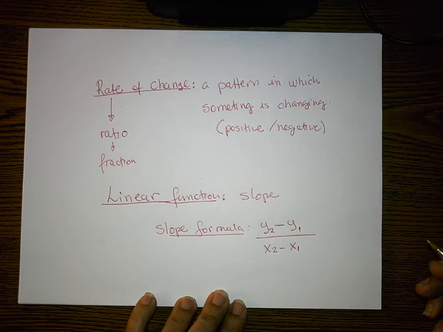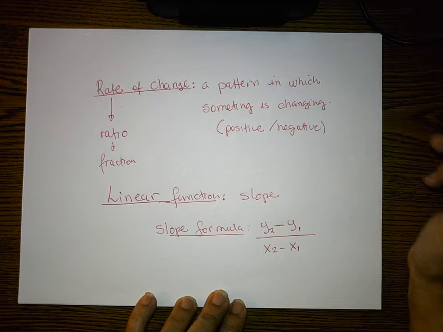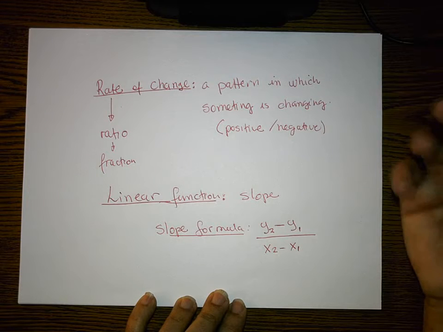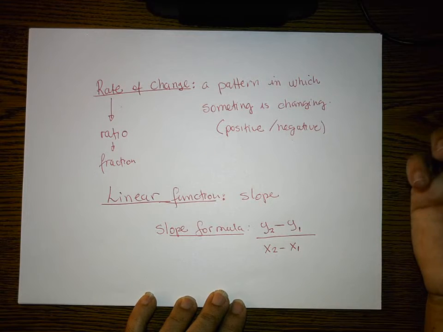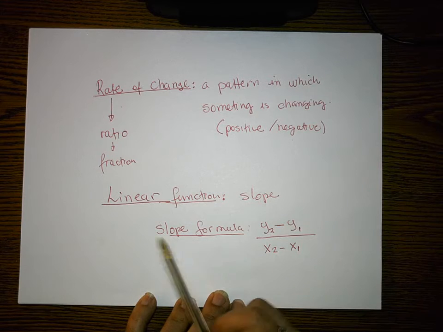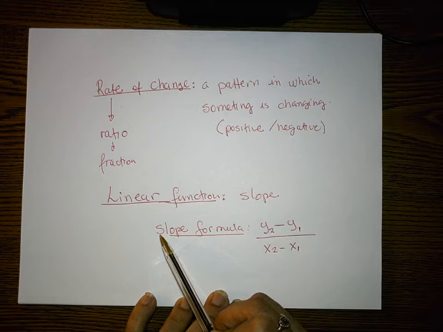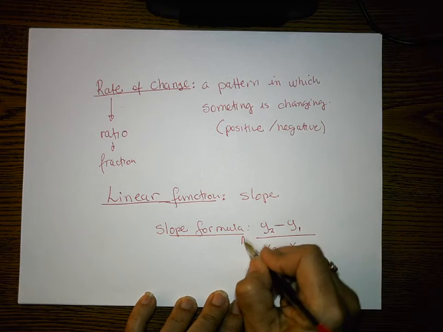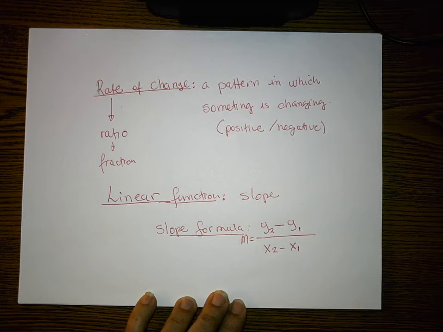And we use the letter m for slope. I don't know why. I used to remember why. At this moment, I don't remember why they picked the letter m instead of the letter s. I think it's because the letter s represents something else in mathematics, squared maybe, like sides of a square. But they use the letter m. M equals the slope formula.